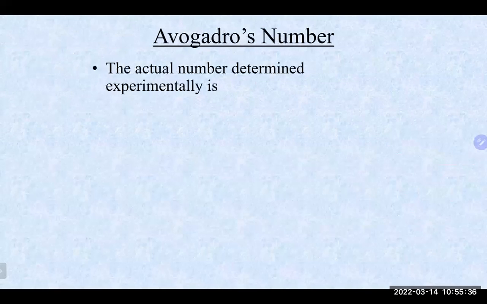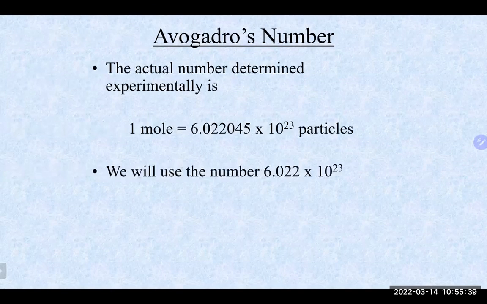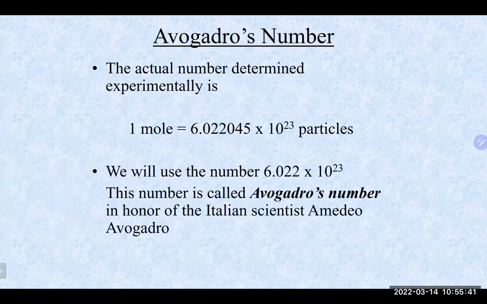As I mentioned before, this is Avogadro's number. So 1 mole is 6.022 times 10 to the 23. What do we use this for? We really use Avogadro's number as a conversion factor to go between the units of moles and molecules, moles and atoms, and back, basically.